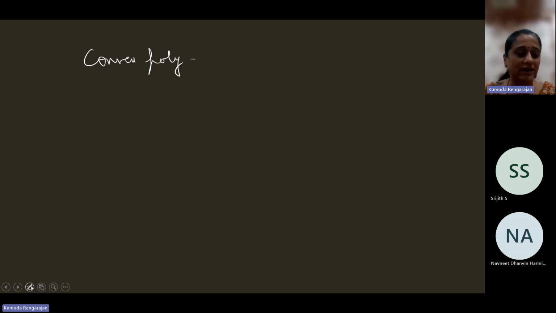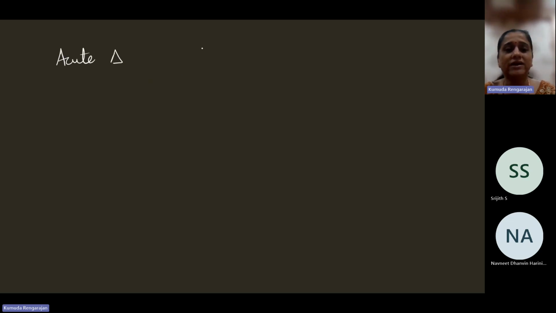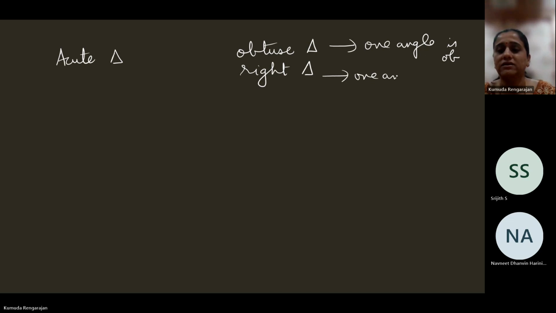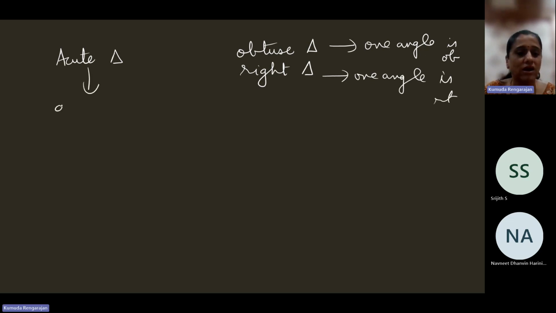We understood it like an acute triangle, obtuse triangle, right triangle. In an obtuse triangle, one angle is obtuse. In a right triangle, one angle is right. But in an acute triangle, all angles are acute.